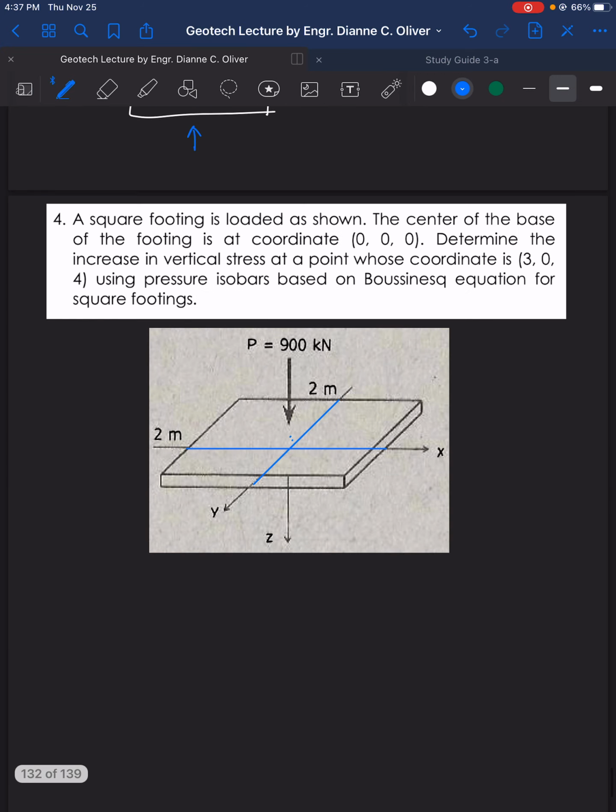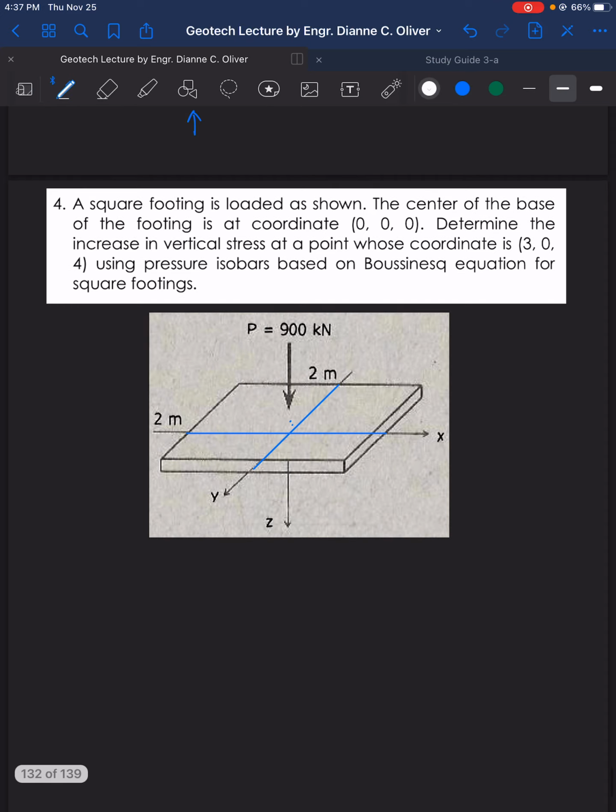Okay, so the coordinate 3, 0, 4 here is your X, Y, and Z. Z being the depth and X being the location from the center. So let's put here point P.